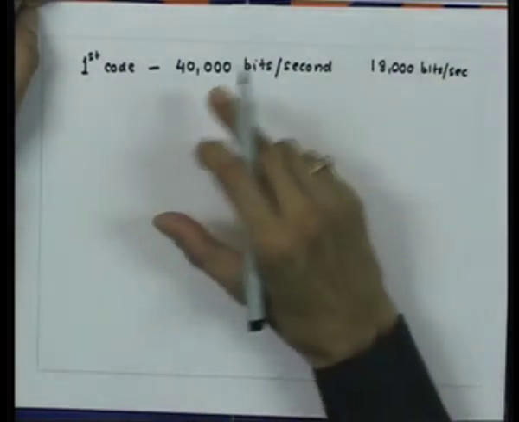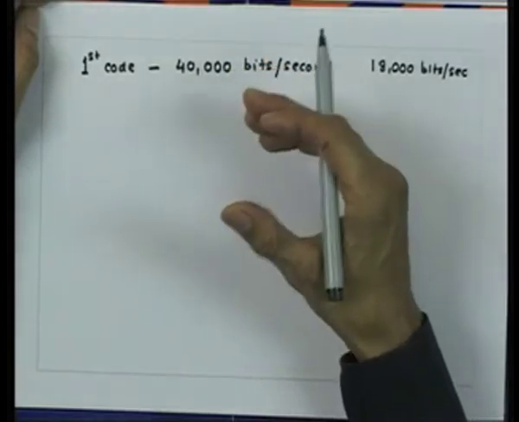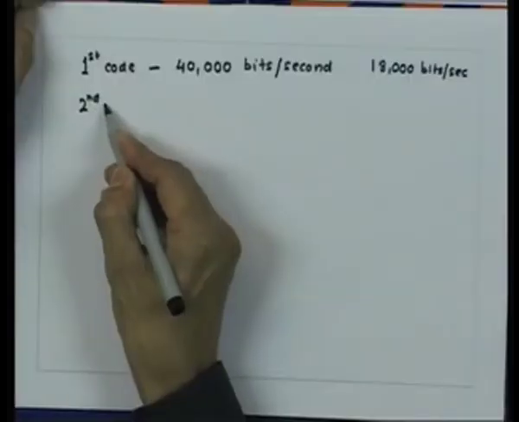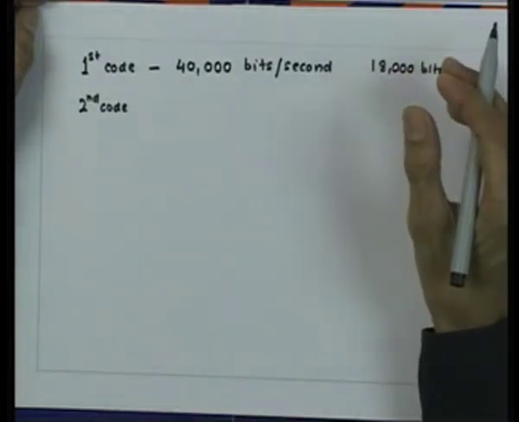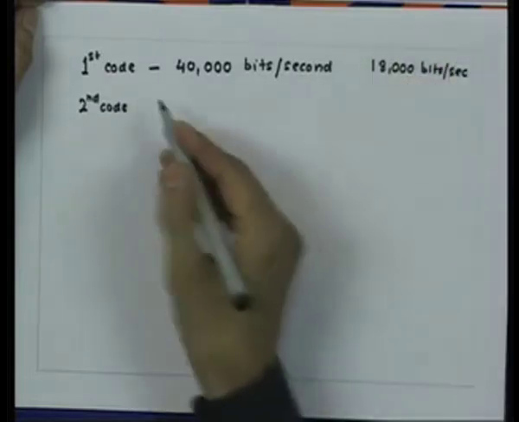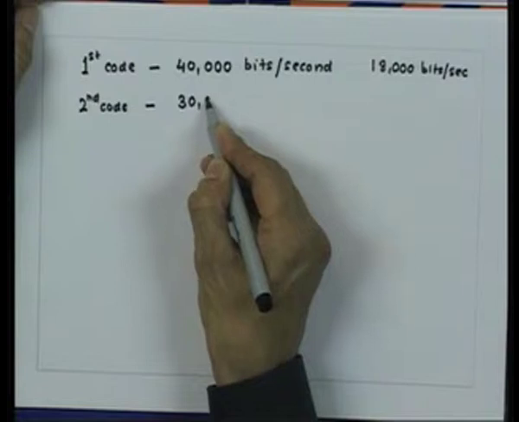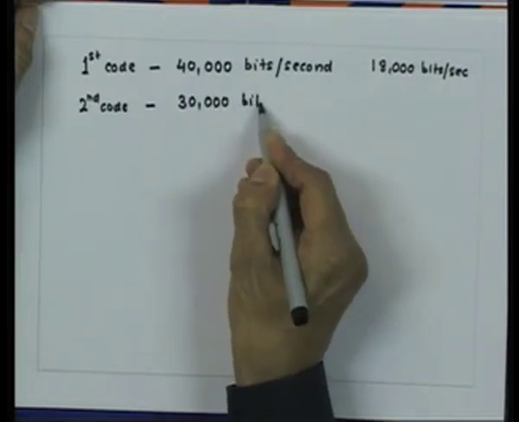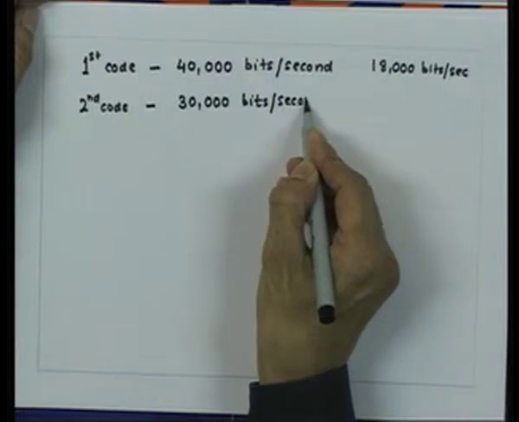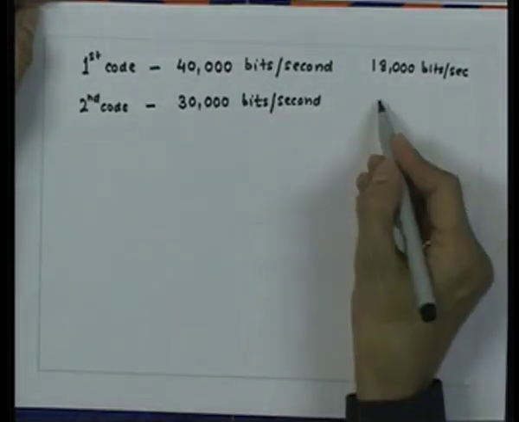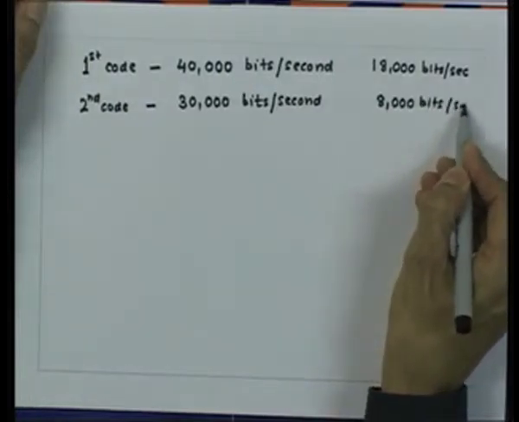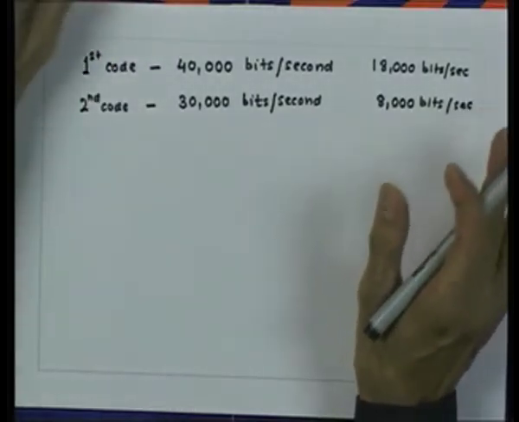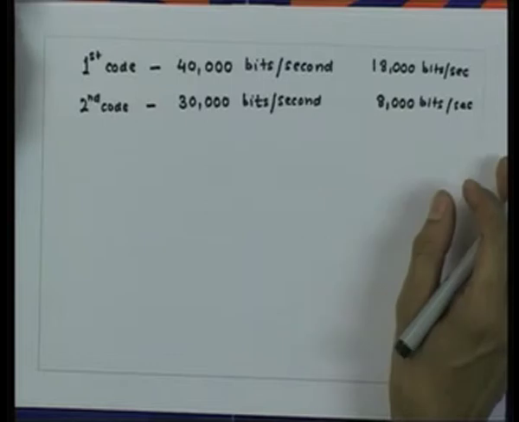Now, if we had used the second code for transmission of the source symbols, then since the code word length for both S4 and S5 using the second code is 3 bits, the second code would be generating 30,000 bits per second. So in this case the buffer has to store 8,000 bits per second if the sequence persists for some time.